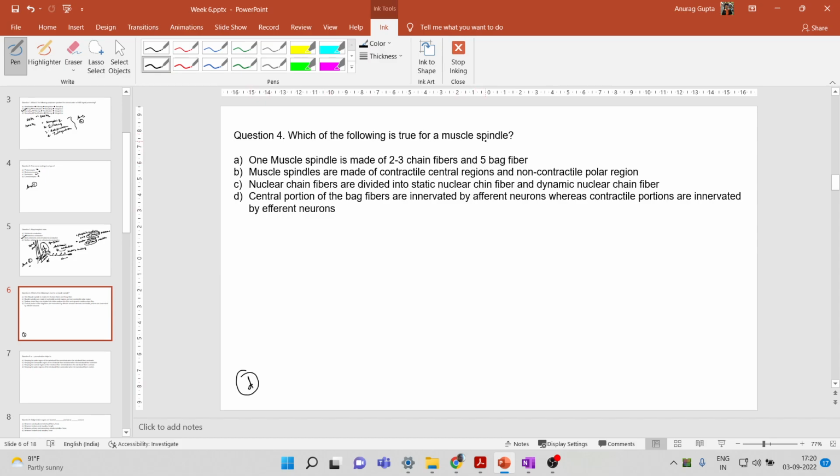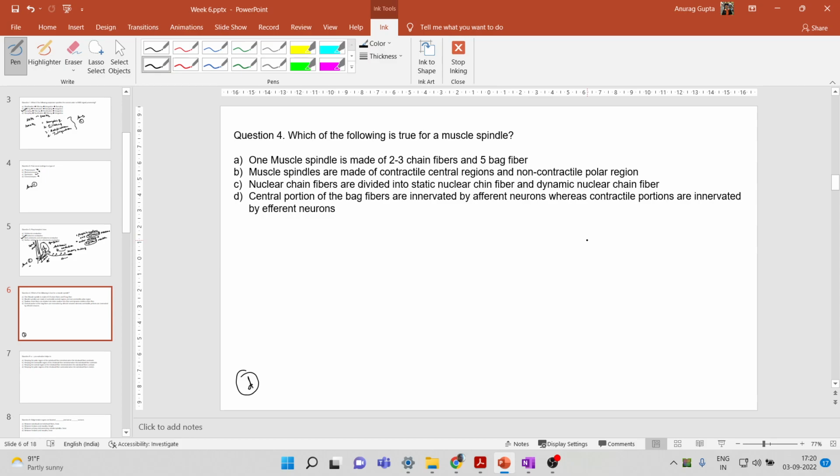Let us recall that the muscle spindle is a very amazing system in our muscles, which senses the velocity of stretching of the muscles as well as the length of the muscle.